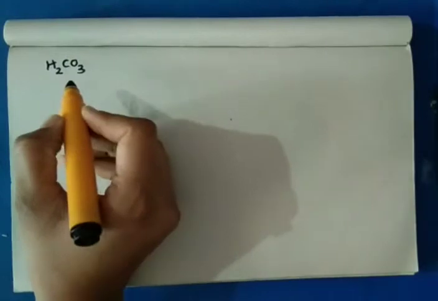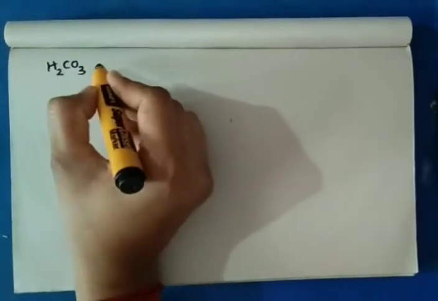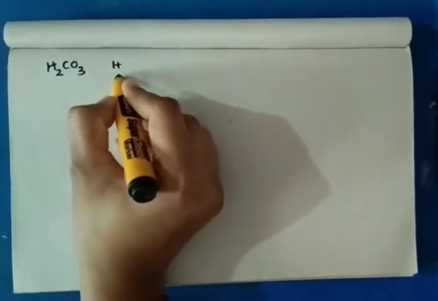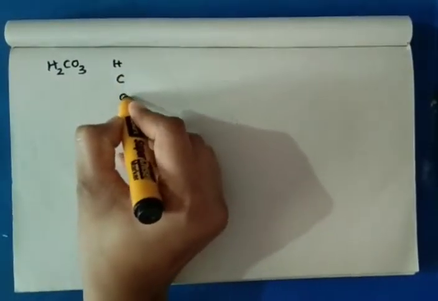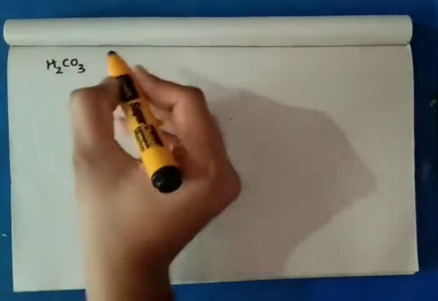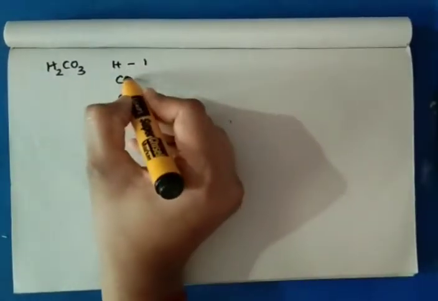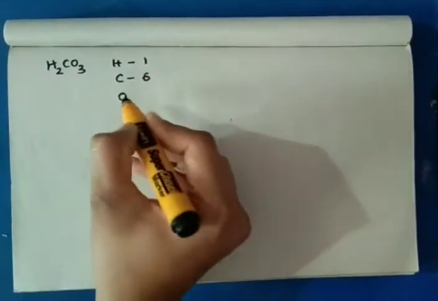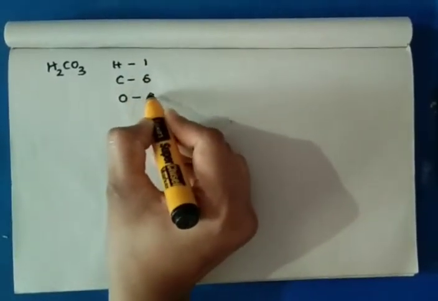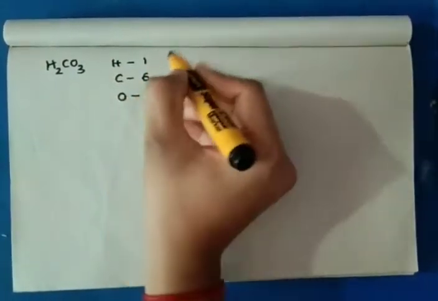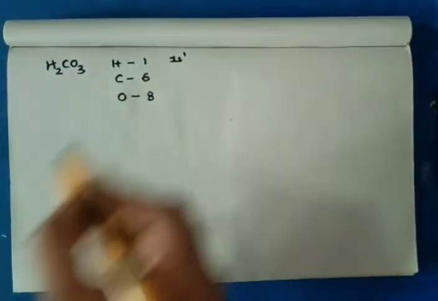In this we know carbon, hydrogen, and oxygen are present. The atomic number of hydrogen is 1, carbon is 6, and oxygen is 8. The electronic configuration of hydrogen is 1s1.